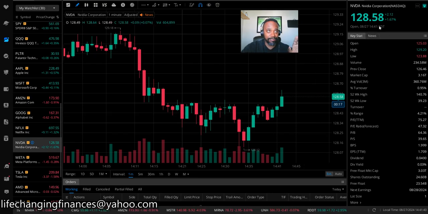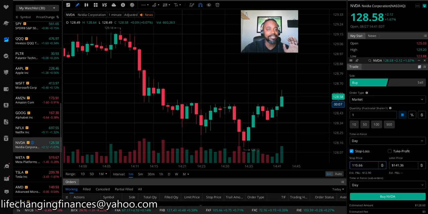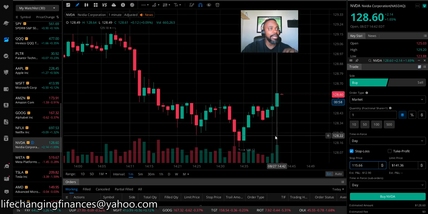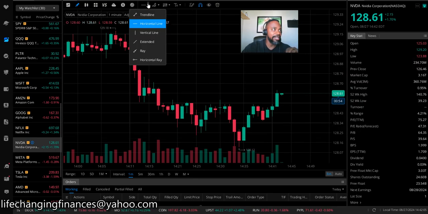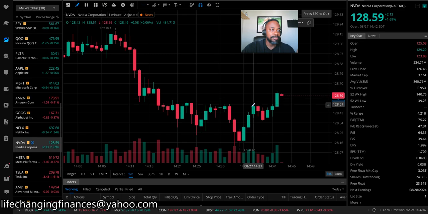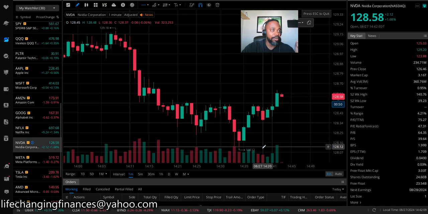Now, also inside of Webull, there's a tab that's normally here called trade. Okay, so I'm going to bring that up here because I have it detached. So you can see there's trade right here, and this is the classic trade view. Now, normally what I like to do is put a little line in here that would represent our support.